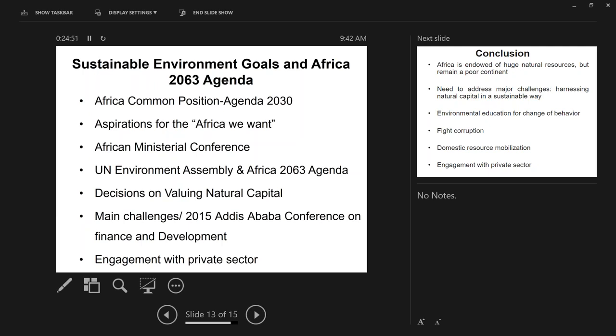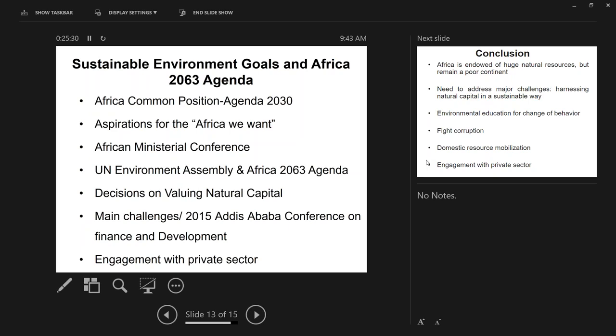We also have the United Nations Environment Assembly that gathers 193 member states, and which is a high-level decision-making body on the environment. The Environment Assembly usually takes place every 2 years, and the last one was held last year, from December 4th to December 6th, under the theme towards a pollution-free planet.